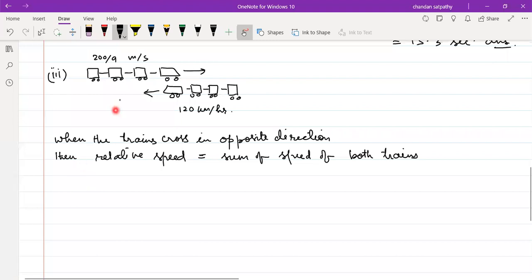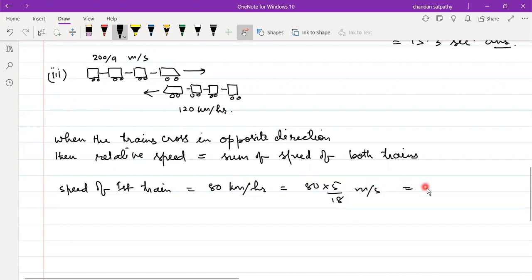So here the trains are running in opposite direction. So we will write that speed of first train is how much? It is 80 km/h. That is equal to 80 into 5 by 18 meter per second. So that is equal to 200 by 9 meter per second. Then we'll write speed of second train is equal to how much? It is given that 120 km/h.